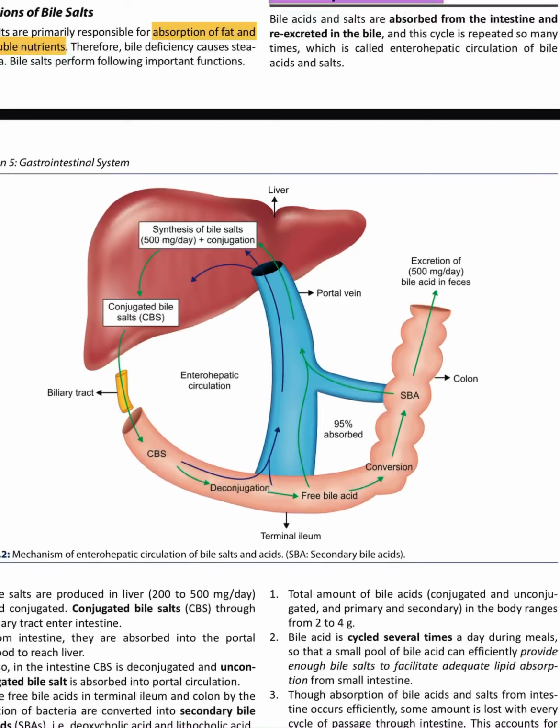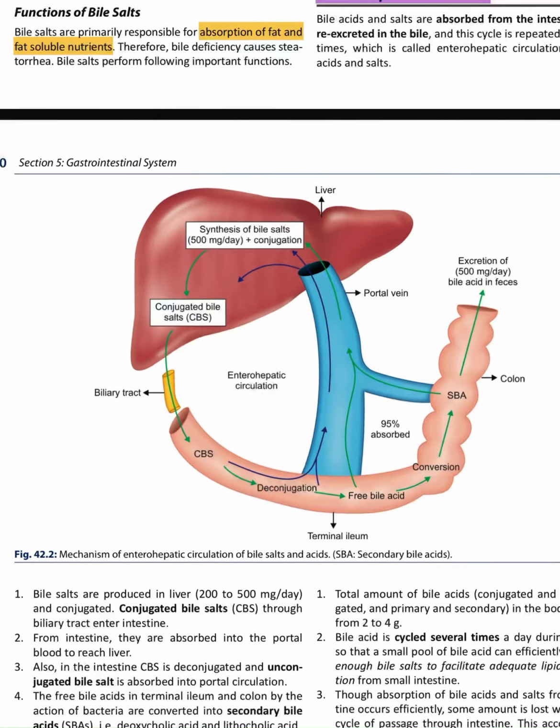Deconjugation: one part is reabsorbed through the portal vein, and one part, the free bile acid, is converted into SBA, which is again reabsorbed into the portal vein, and the remainder is transported to the colon, with excretion of bile acid in feces of approximately 500 mg per day. This figure is important.